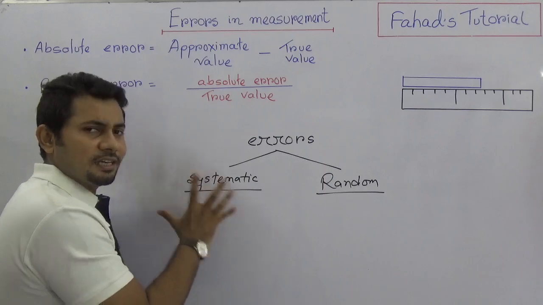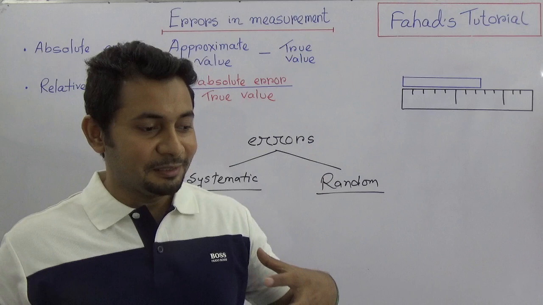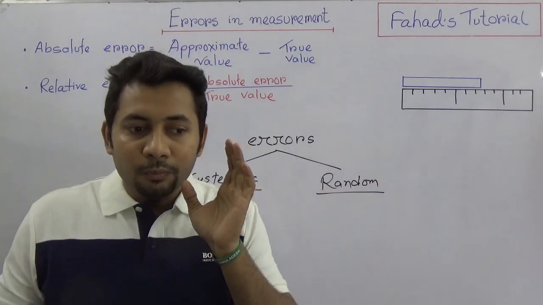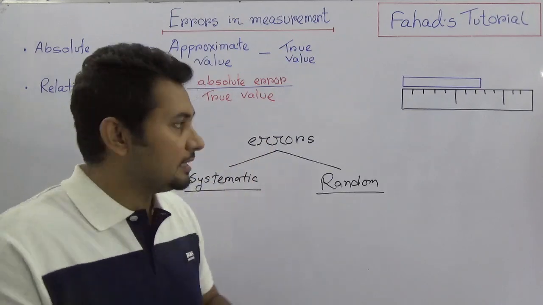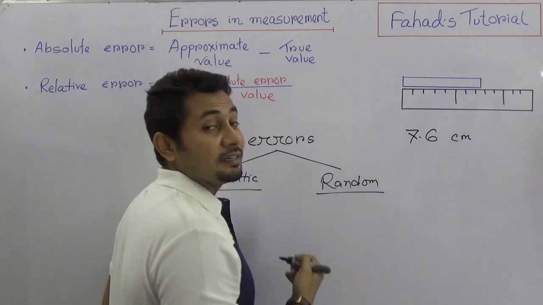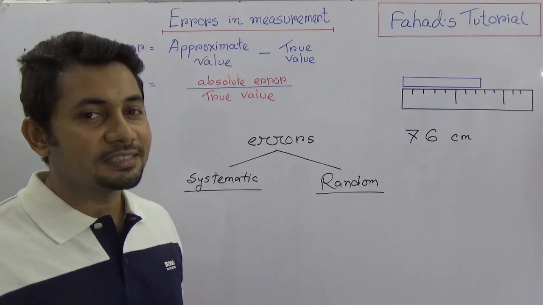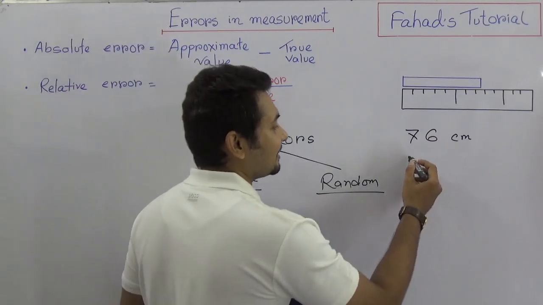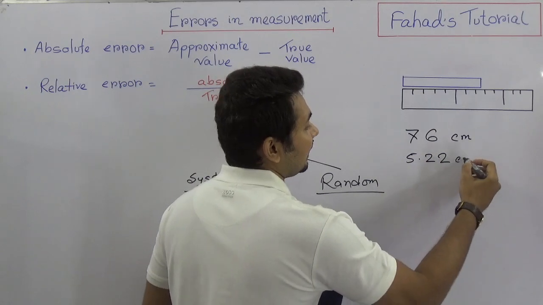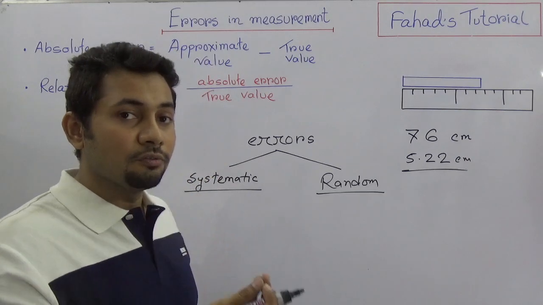The systematic errors can be removed, but the random error, what happens? Suppose we are measuring something through the scale, and we need to write 7.6 centimeter, and if somehow we forget to put the point, then it can be 76 centimeter, or if we got 5.2 and put another 2 after that, then it might have some variation from the true value.